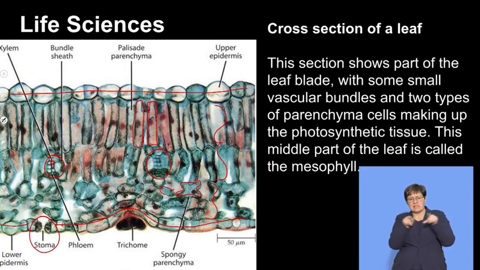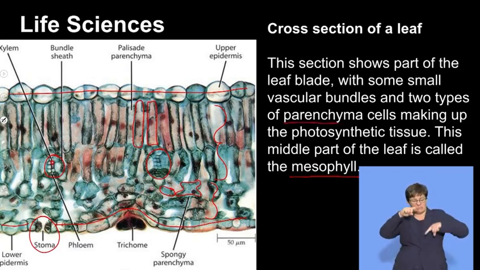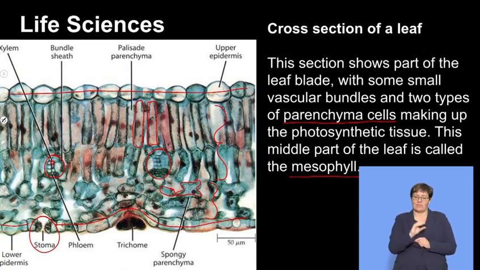They're rounded, and there's lots of air spaces between them. But because these cells all have chloroplasts in them, they form what we call the mesophyll, the bits filling the leaf, and they're all different types of parenchyma cells. And because their function is photosynthesis, they are going to have lots and lots of chloroplasts inside them.